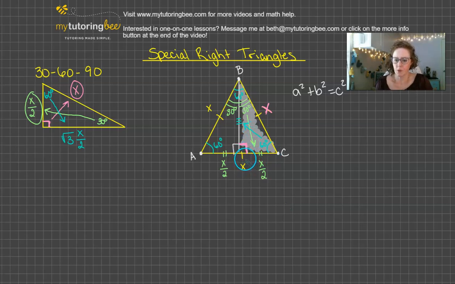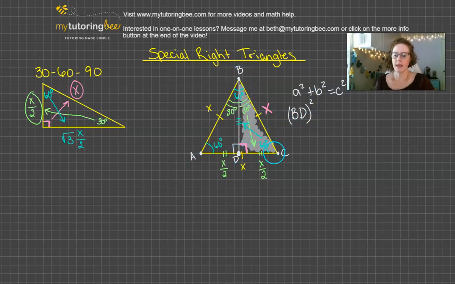So let's label this other point down here as well. We need that point labeled. We'll label it D. So we're looking at the length of BD, right? So we're going to call that our A squared, and we're going to plug that in as BD squared, okay?